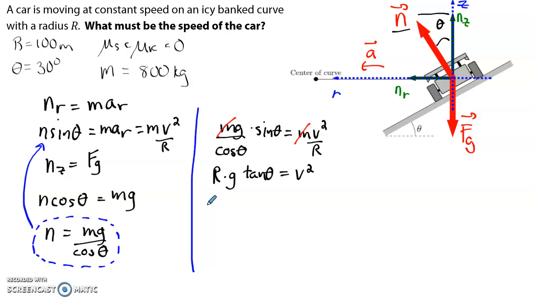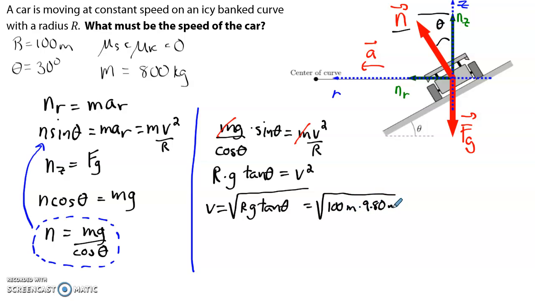So if I take the square root, I will get that v is equal to the square root of r times g times the tangent of theta, which once we put the numbers in will give us 100 meters times 9.80 meters per second squared times the tangent of 30 degrees.